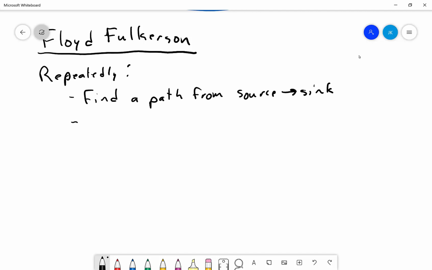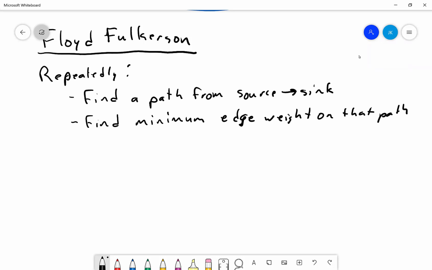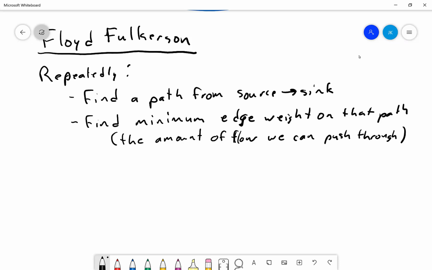We will find the minimum edge weight on that path, and that's going to be the amount of flow we can push through on that path. And then we will reduce the edges of the path by that amount.